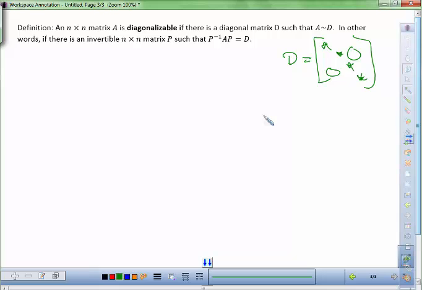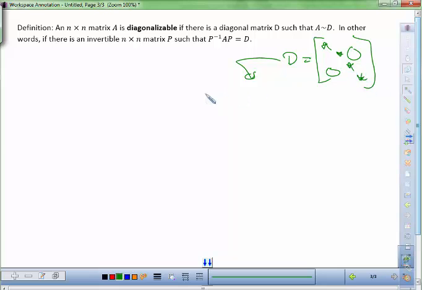That's how you find the eigenvalues. But in finding this diagonal, if you have a matrix A and you want to know if it's diagonalizable, or you want to know its diagonal matrix form, then all you need to do is look at the eigenvalues.